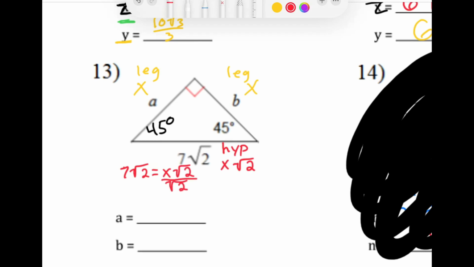To get x by itself, divide by the square root of 2 on both sides. The square root of 2 divided by the square root of 2 cancels out, and we end up with x equals 7. So x equals 7 on the B leg and x equals 7 on the A leg. So we get 7 and 7 for B and A.